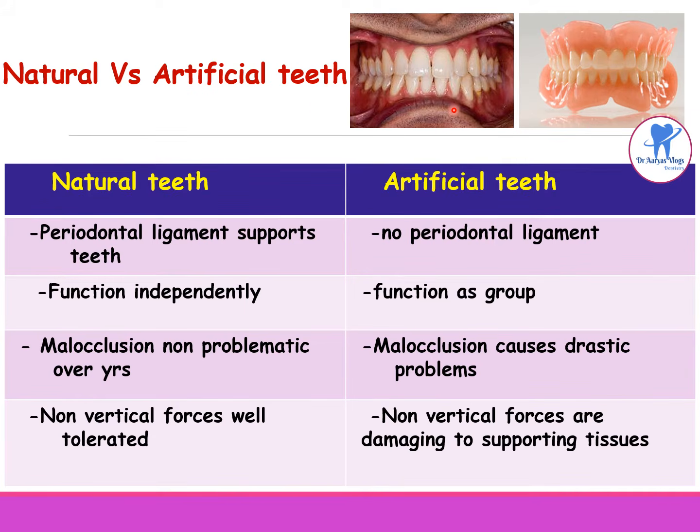In natural teeth, they function independently, and in artificial teeth or complete denture, it functions as a group. Here the malocclusion is non-problematic over the years, whereas in complete dentures, malocclusion causes drastic problems. Here non-vertical forces are well tolerated, but in this situation, non-vertical forces are damaging to the supporting tissues.